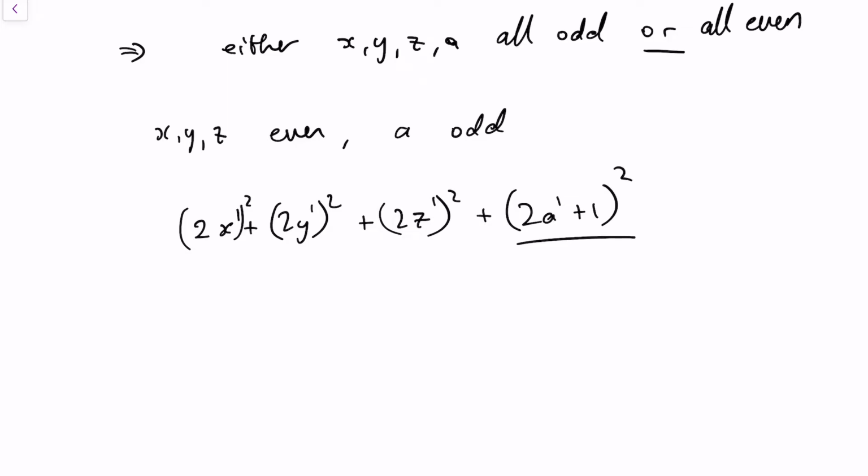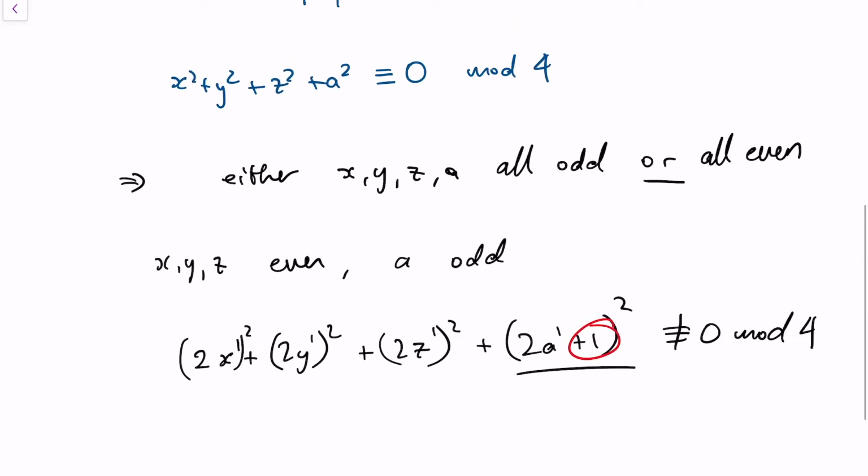And as you can see, this will not equal 0 in mod 4, because of this term here. You can test the other possibilities and come to the conclusion that all the numbers must have the same parity. They must either be all odd or all even. So there are two possibilities.